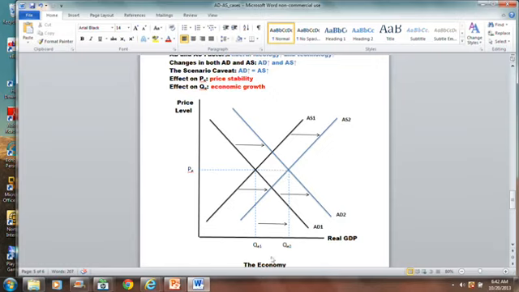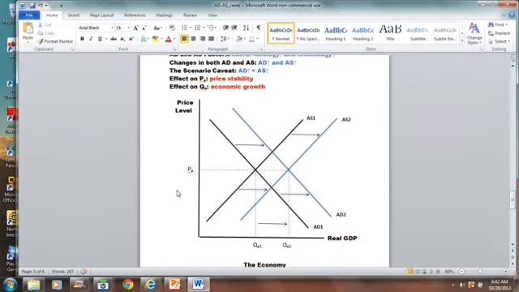As a result, the real GDP will increase, which is a sign of economic growth, but the price level stays the same. So here you'd have a combination of price stability, the price level not changing, coupled with economic growth. This is a wonderful scenario because we achieve two goals at the same time. We have the economy growing, but we also have prices stable, which is a wonderfully desirable combination.